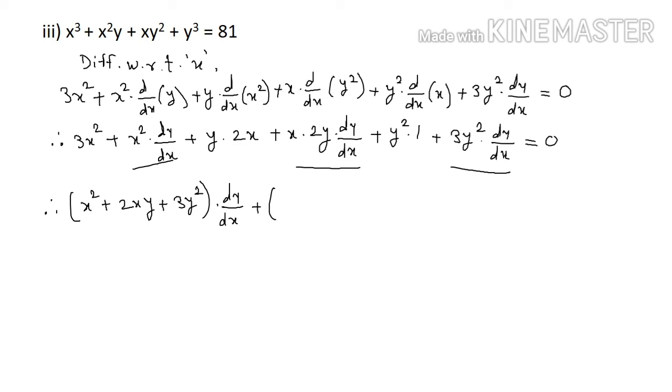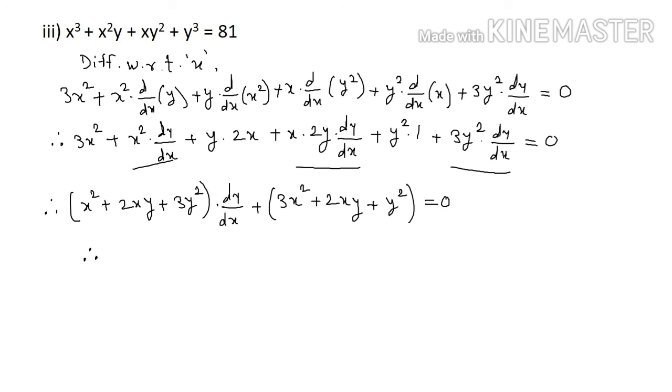Now these terms which are not having dy/dx term. So you get 3x² + 2xy + y² is equal to 0.